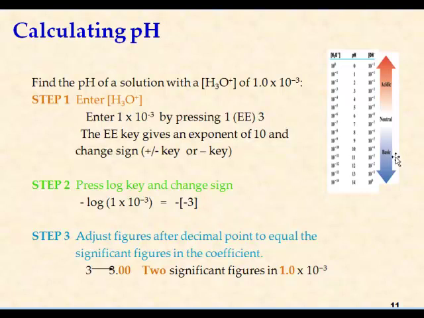Now that the pH is 3, you can look at this chart and determine that this solution is going to be more acidic. So the values of the hydrogen ions and the OH ions that we have been determining are converted into a sensible value, which gives you a choice of whether you have an acidic solution or a basic solution.